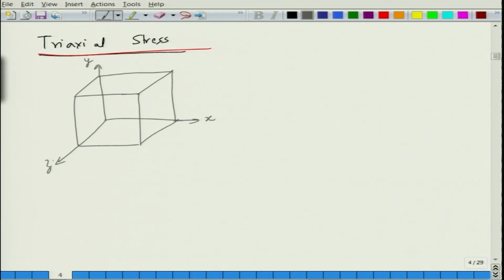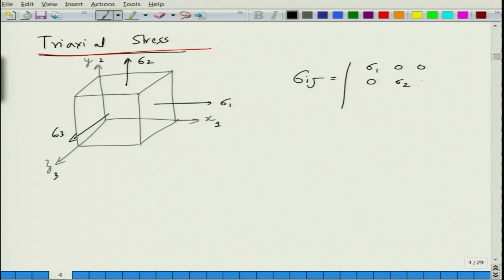What triaxial state of stress means is you have sigma 1, sigma 2 and sigma 3. So, let us say if this is 1, 2 and 3. So, we can write this sigma ij as sigma 1 0 0, 0 sigma 2 0, 0 0 sigma 3. This will be the triaxial state of stress.